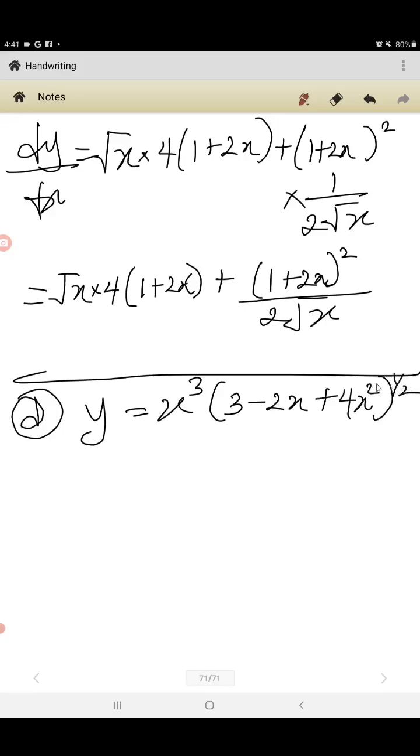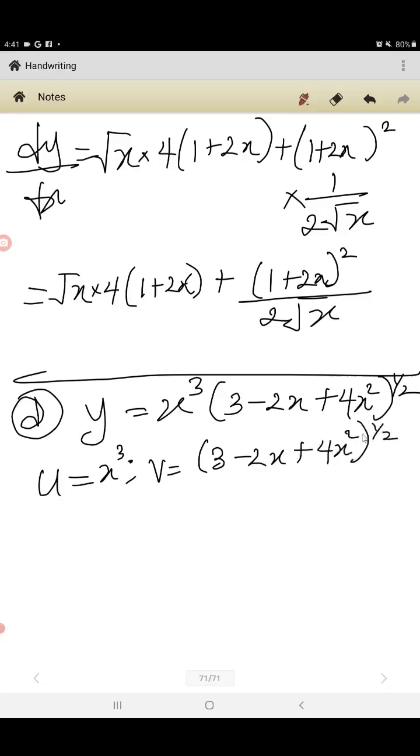So therefore, our u is equal to x raised to power 3, and our v is equal to 3 minus 2x plus 4x squared raised to power half. Now, the derivative of u with respect to x will give you 3x squared.